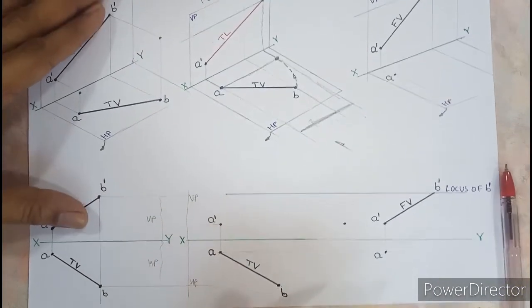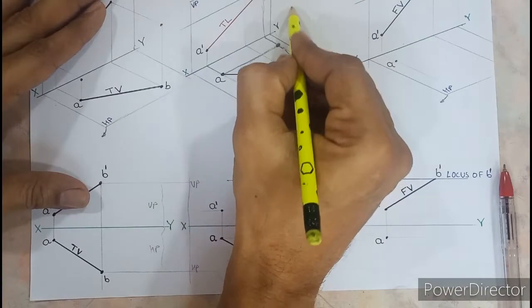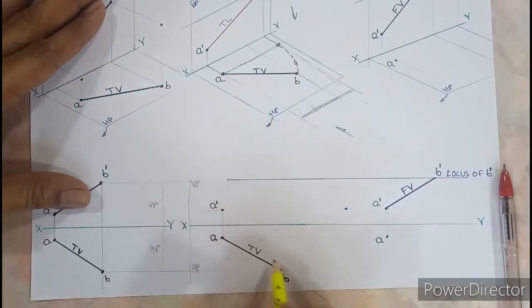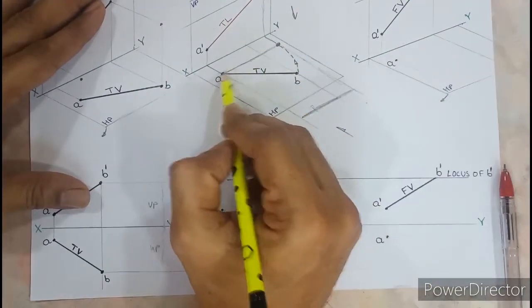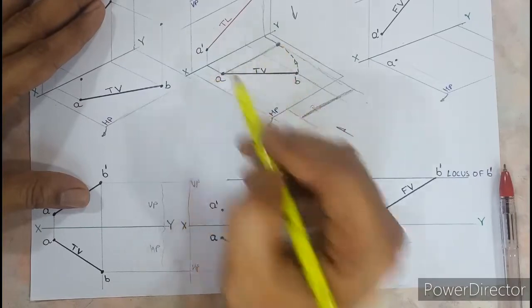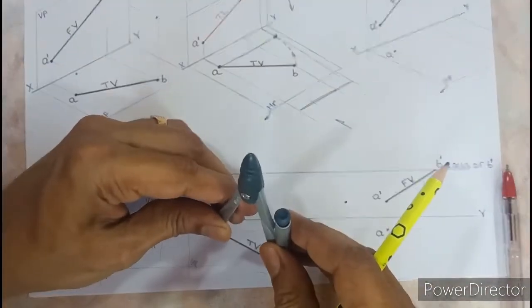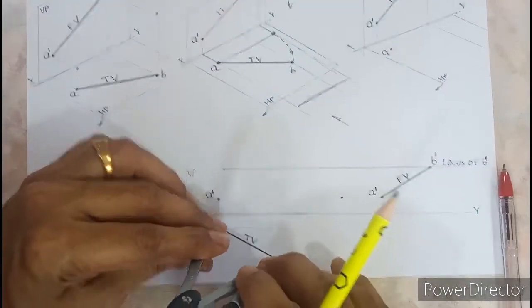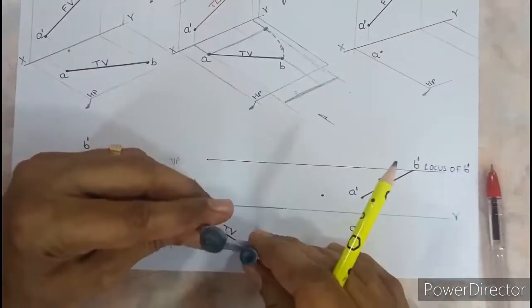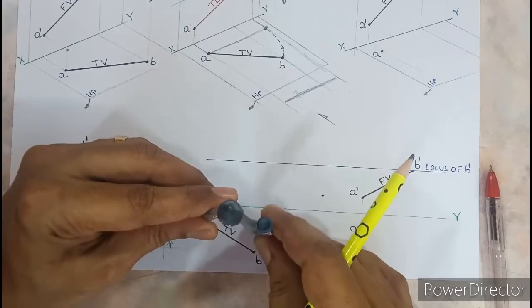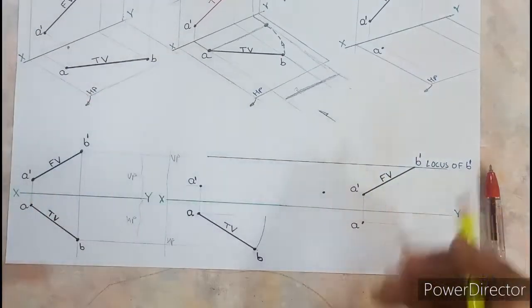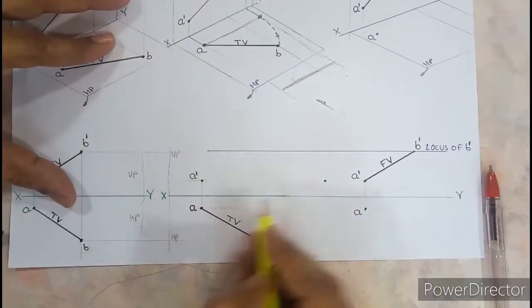I need to look in the top view because below XY is the top view. In the top view, keep point A fixed and rotate B till the level of A. So here I'll take this compass. I'll keep the needle at A and the point at B, and I'll rotate it till where? Parallel to XY, or to the level of A.